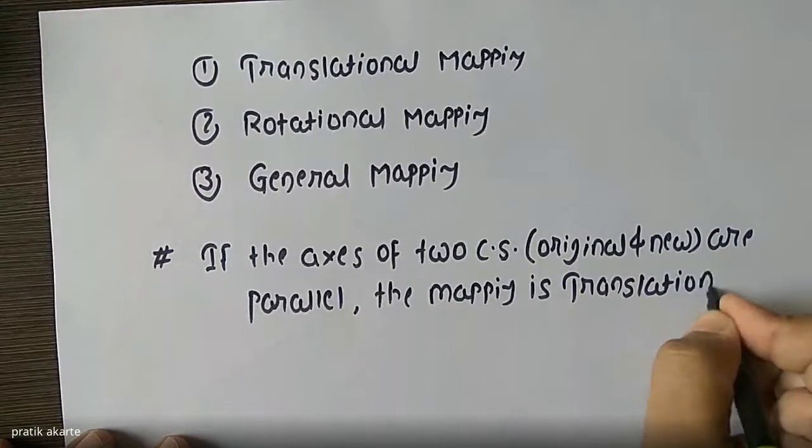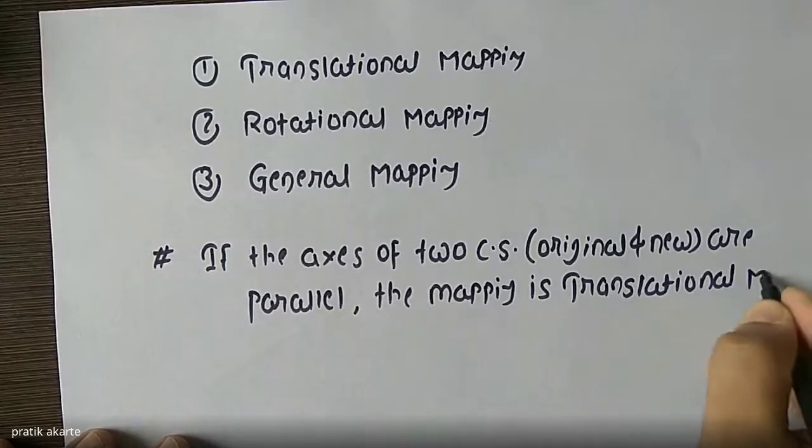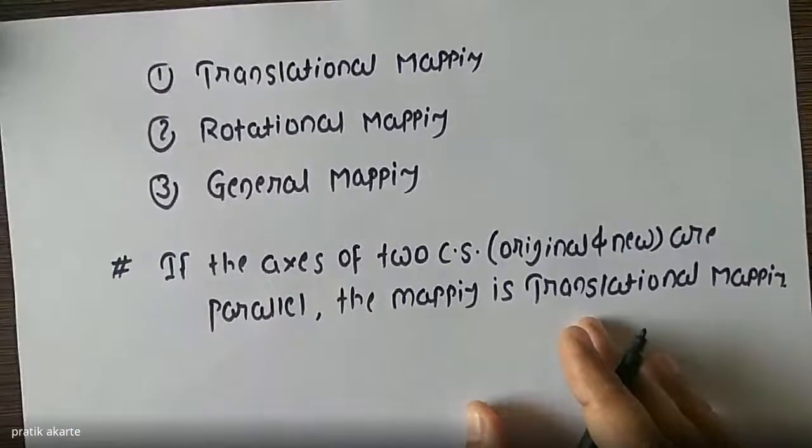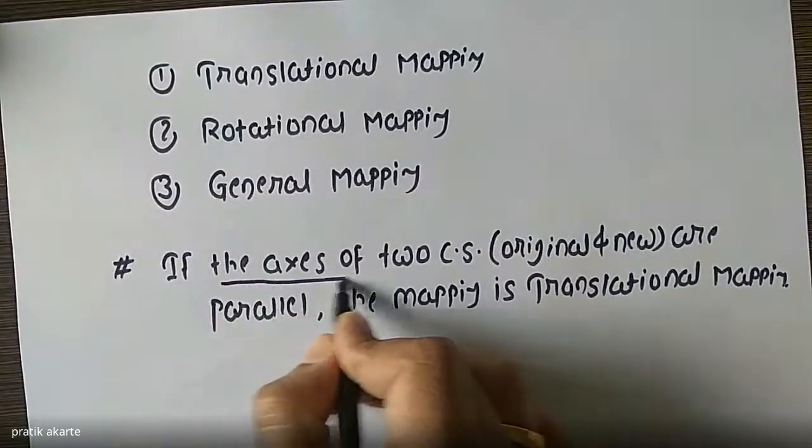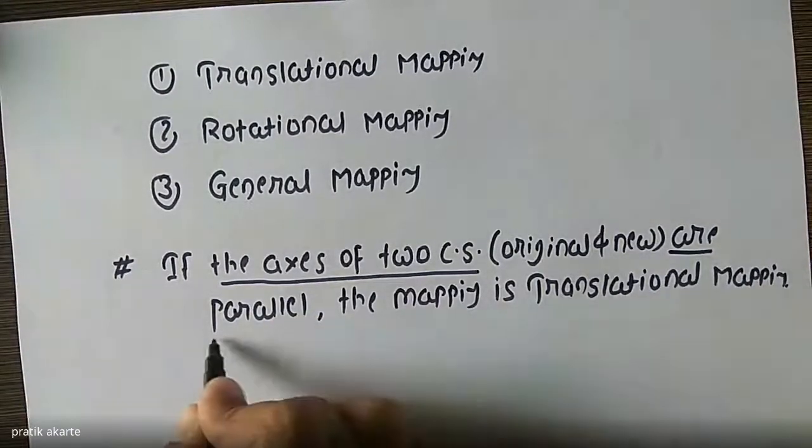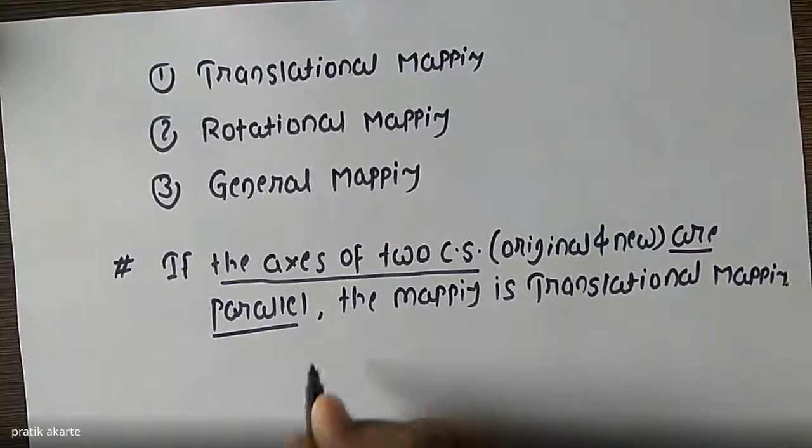So what is the condition for translation mapping? In translational mapping, the axes of the two coordinate systems must be parallel.